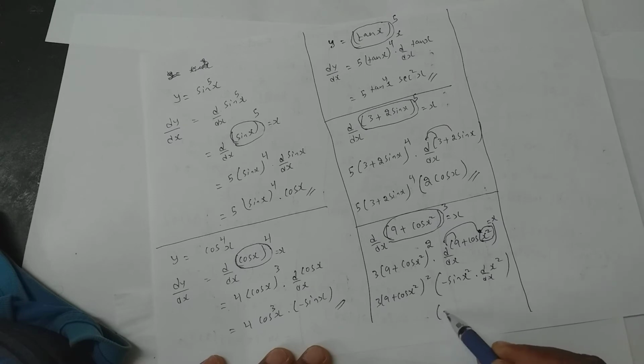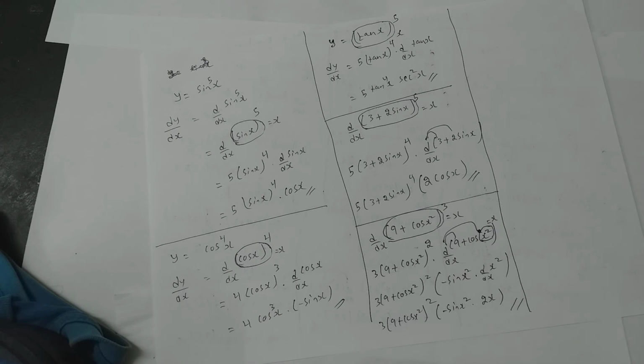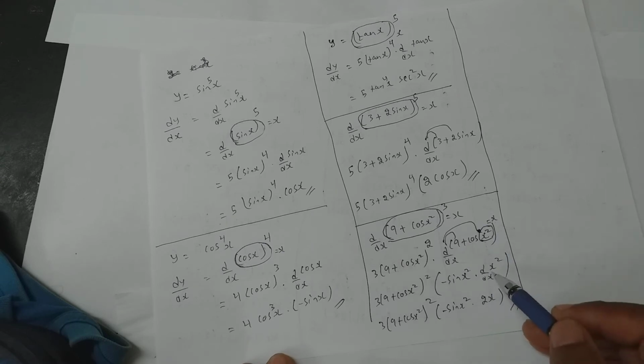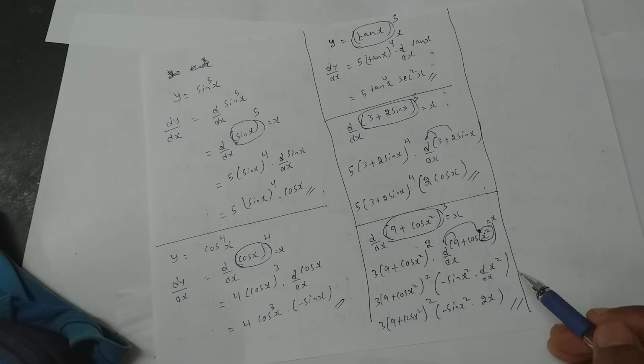Careful with this. So it becomes minus sin x^2 into x^2 differentiation is 2x. So this is your answer. Am I clear? It all circles around your assumption of x. Whatever you are assuming, that differentiation should be there at the end. Am I clear so far?